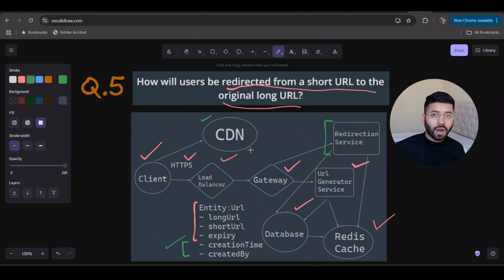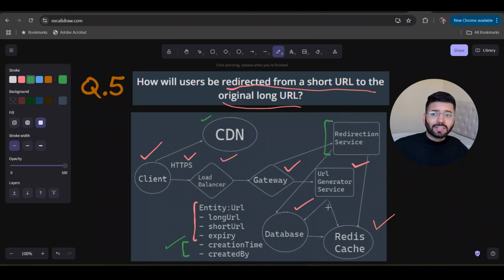And the good part here is that when the CDN gives the response, the request does not even reach the servers where our microservices are performing the task. We don't even need to go to the microservice level because the CDN would already have that data and would give the response back to the users. That would be quite quick and would reduce a lot of load on the servers. So this was the addition that I made.